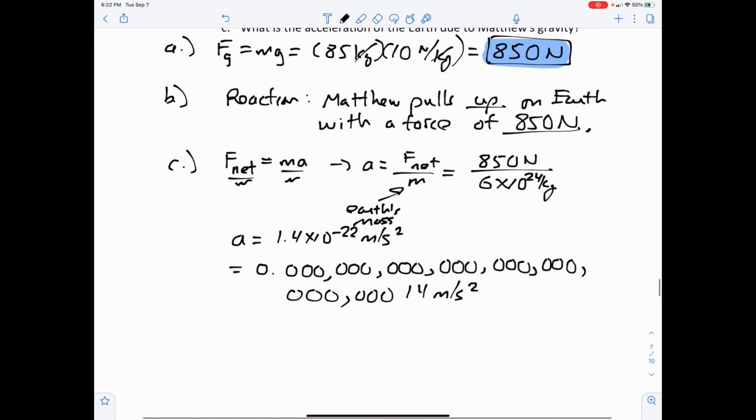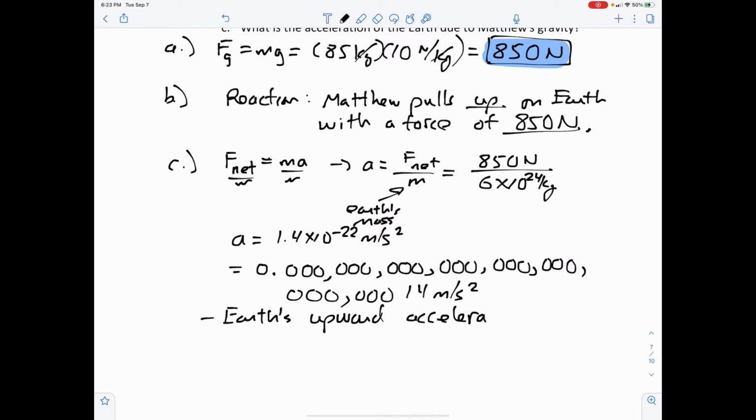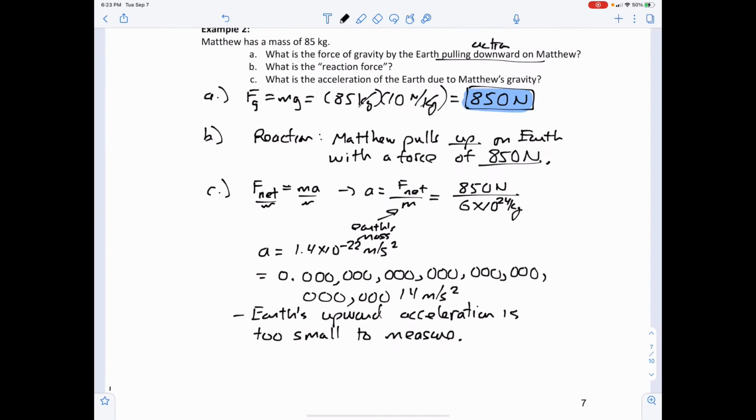That is a lot of zeros and a super small number. So what this means is Earth's upward acceleration is so small because Earth's mass is so large. It's too small to measure. It's even too small to notice, for that matter.